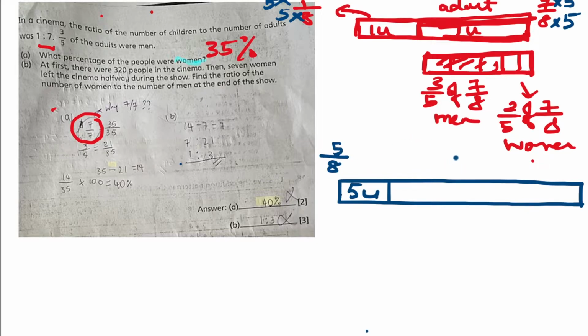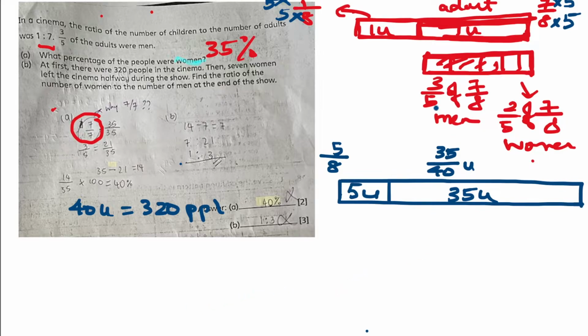Then here will be 35/40. So this 35 units is actually male. And then here add up to this 40 unit. 40 unit is actually 320 people in the cinema.